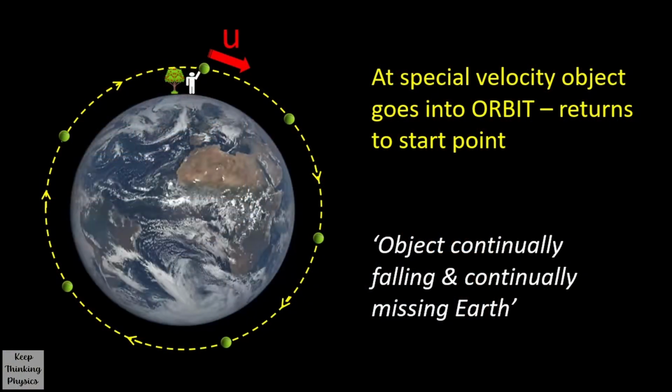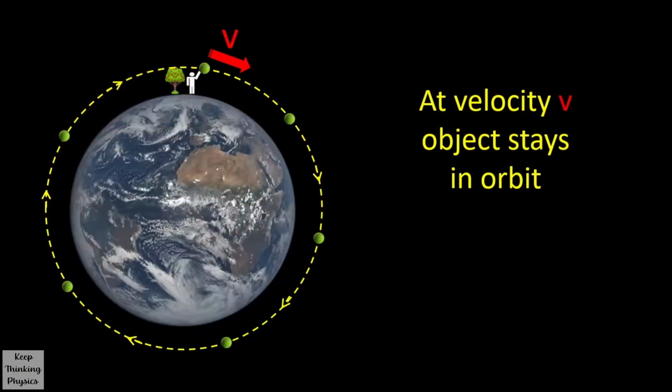In this conceptual view of an orbit, it can be said that the object is continually falling towards Earth, but continually missing. This is a very imprecise way of saying things, but it hopefully gives an idea of how we can think about something being in orbit. The body continually falls to Earth, but the Earth's curvature falls away at the same rate.